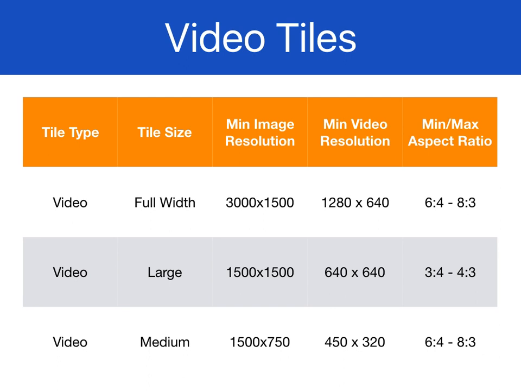As for the video resolution, it's only 640 by 640. For the medium sized video, 1500 by 750 pixels for your image, and for the video resolution, 450 by 320. So you can take a screenshot of this, or write it down, whichever you want to, and make sure you upload it onto Amazon Store Builder accordingly.